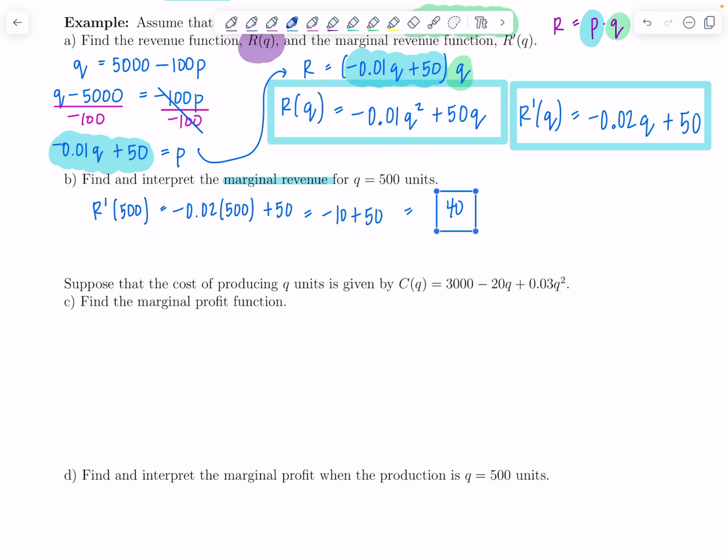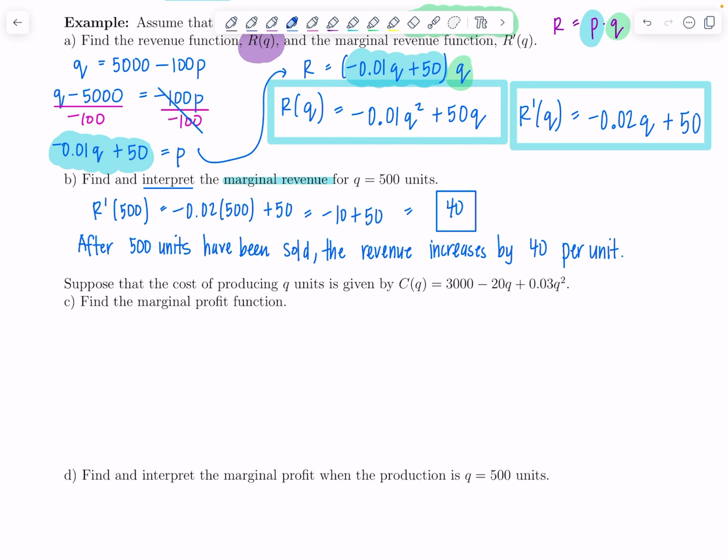And then now we're going to interpret it for the people. We're going to tell them what this 40 means. So after 500 units have been sold, the revenue increases by 40, whatever monetary system we're in, per unit.